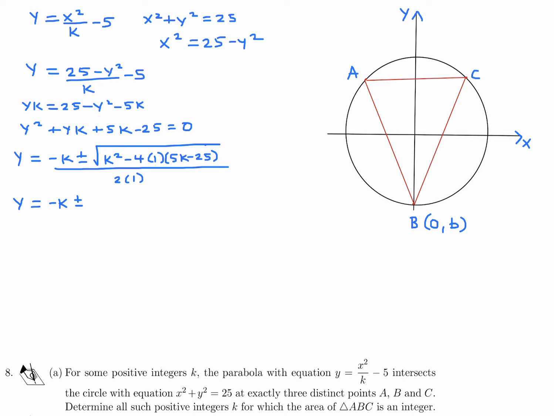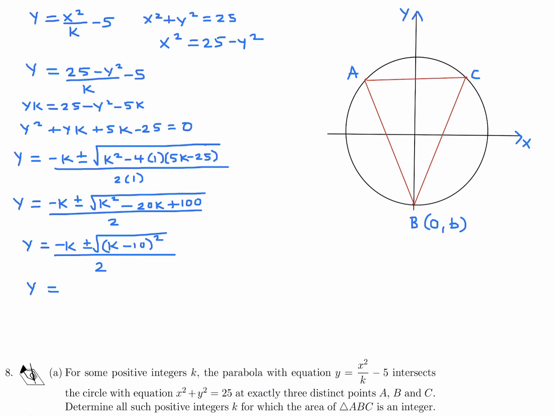So simplifying this, we get k² − 20k + 100, and that factors very nicely. It factors into (k − 10)². So since we have (k − 10)² under the radical, it just becomes k − 10. So it works out very nicely. And then this will give me 2 roots, plus or minus.